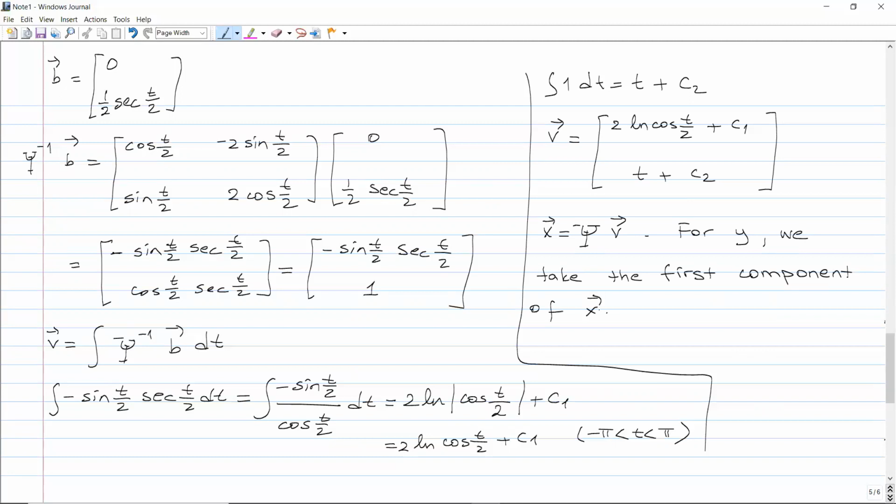This means in this matrix multiplication, we multiply the first row of the fundamental matrix, which is the row y1, y2, with v.